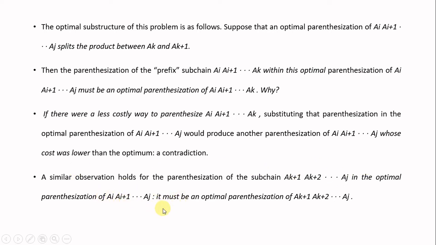It must be an optimal parenthesization of A(k+1), A(k+2) to A(j). Every time you find a local optimal value, and when you combine all these local optimal values, you should get a global optimal value. That is our aim.